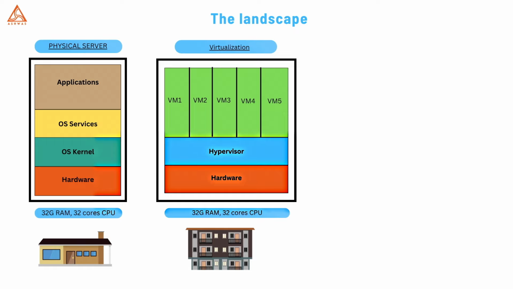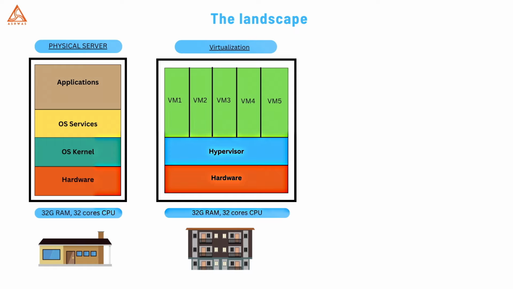Now think of the same land on which you have built a bungalow, but now instead of a bungalow you have an apartment building, right? Here you can see that on the same piece of land multiple families can stay together in the same building, yet each and every family can have an isolated space of their own, so they don't have to share space with one another apart from the amenities maybe.